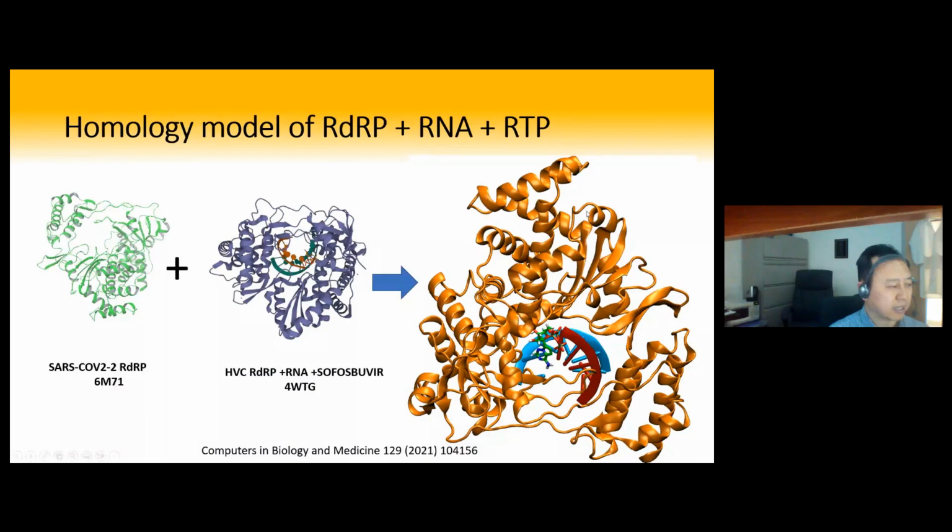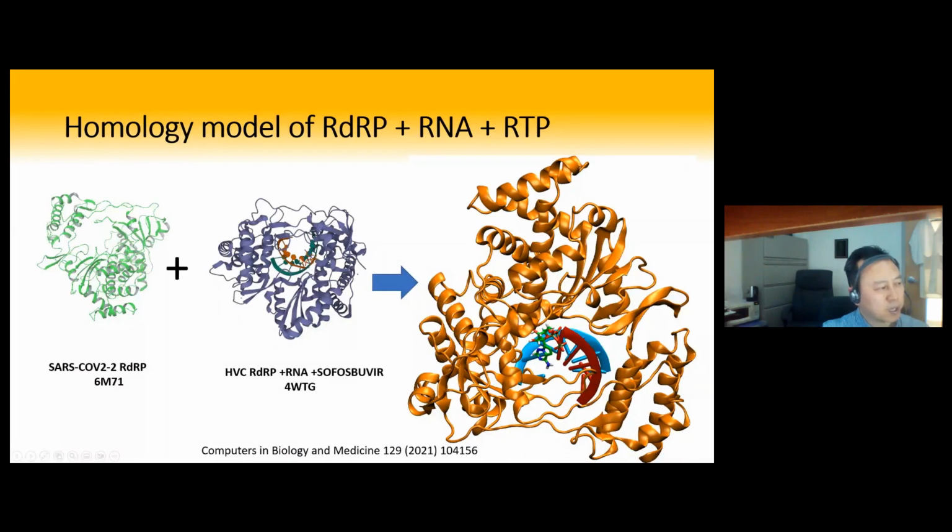And then in 2021, there was the first solved structure, and this is the polymerase structure. Unfortunately, there is no RNA in the active site. Well, we can do homology modeling, right?